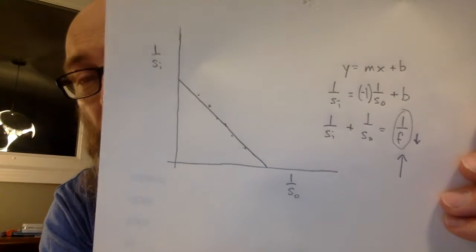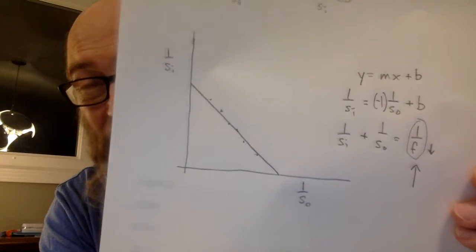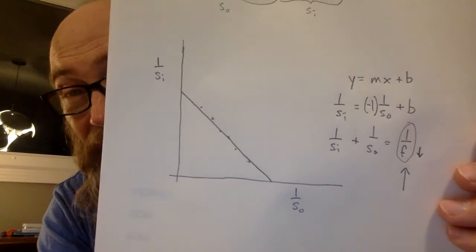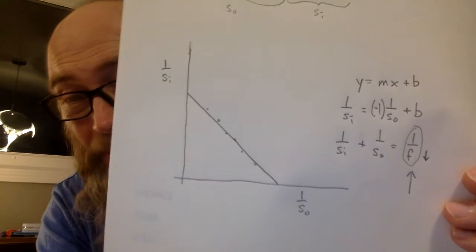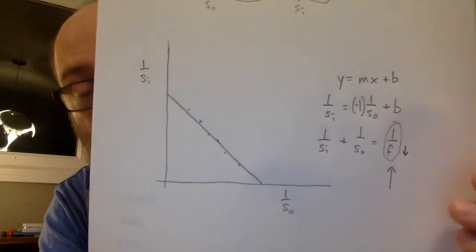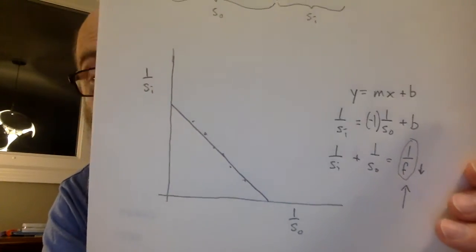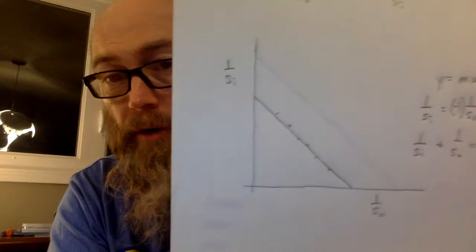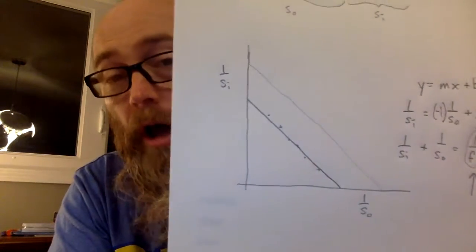What did that piece represent? That represents the y-intercept. Well, that means your intercepts are bigger. If you have a smaller focal length, then b is bigger, which means you're going to get a graph that's going to look something like that, where again that was supposed to be a straight line.